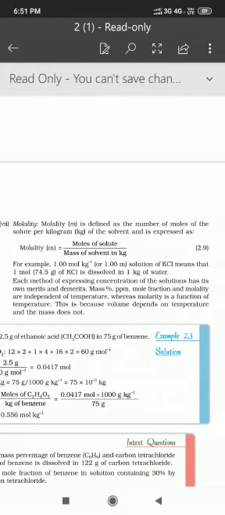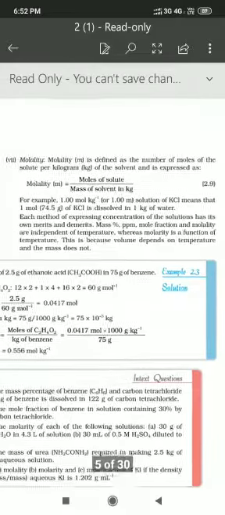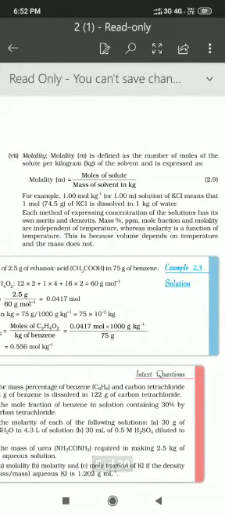Now you can get numericals based on molality, mole fraction, etc. And these are such terms which will be coming quite often later on, and subsequently in other chapters also we will come across them. So these are the units by which we express the concentration of solutions.